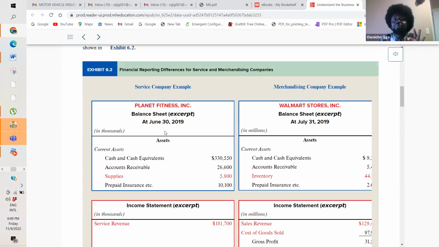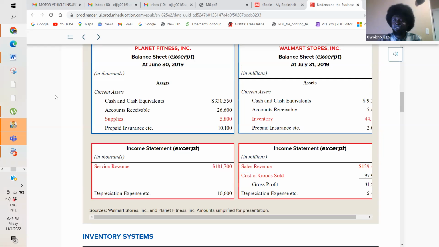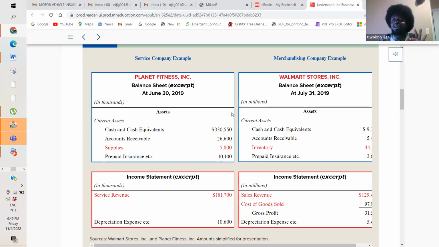is that service companies report supplies as a current asset in their balance sheet, whereas merchandising companies report inventories as current assets. I hope this is well noted.